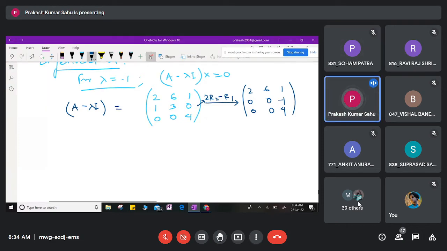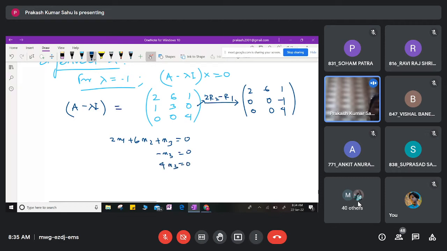Okay, so here I can write the equations: 2x1 plus 6x2 plus x3 is equal to 0, minus x3 is equal to 0, and 4x3 is equal to 0. So from these two equations you will get x3 is equal to 0.